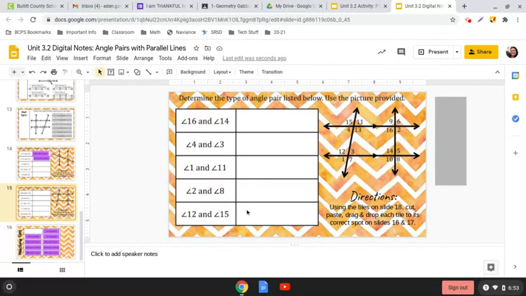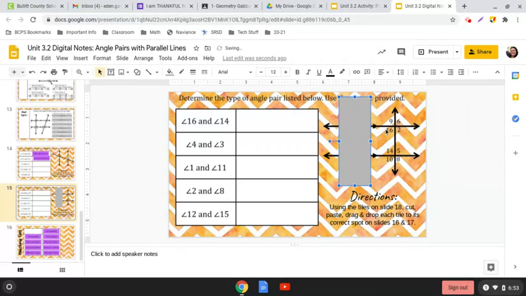All right, 16 and 14. Well, 16 is over here. 14 is over here. We're working with this transversal only right now. So let's determine if they're inside or outside of the parallel lines.